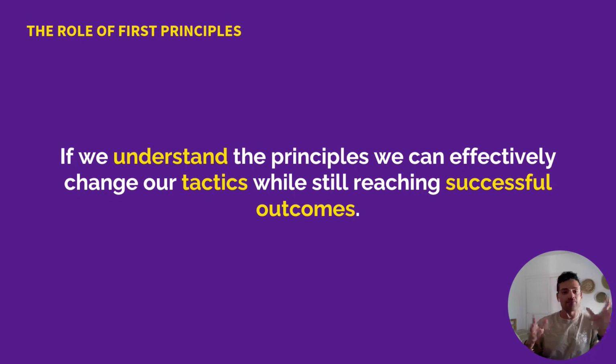Whether it's 5x5, 5-3-1, conjugate, wave loading, etc. But if I know why I'm getting someone stronger, again, specificity, what's the end goal? I can choose the method that makes the most sense for them in this specific context, right? Then I can make changes to the specific method, again, based on how they respond to the program to ensure that I'm progressively overloading them over time.